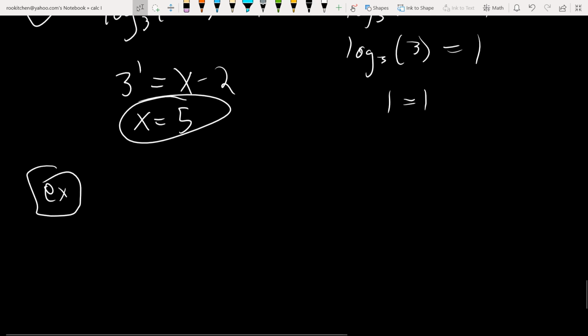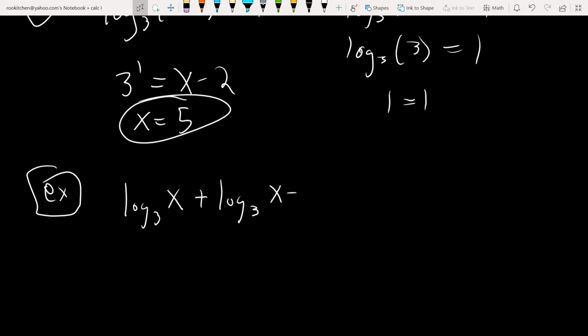Another example, log base 3 of x plus log base 3 of (x minus 1) equals, I don't know, I gotta make this so it works out. I think 6 will work.